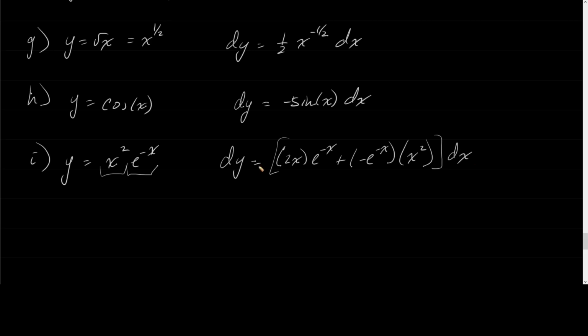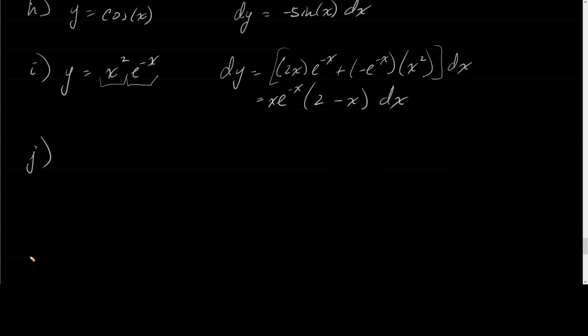If you really wanted to, you can rewrite this as x e to the negative x times 2 minus x dx. But again, it's just finding the derivative and then writing a dx at the end.